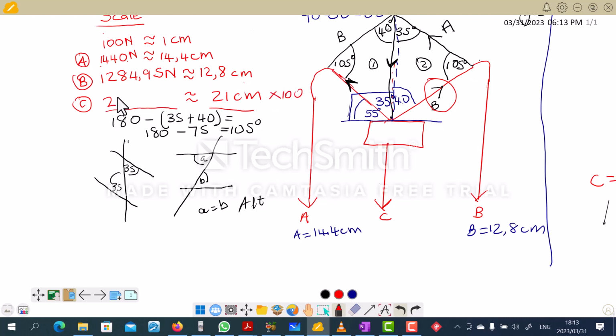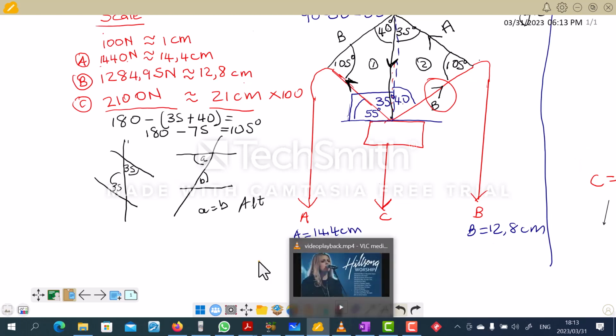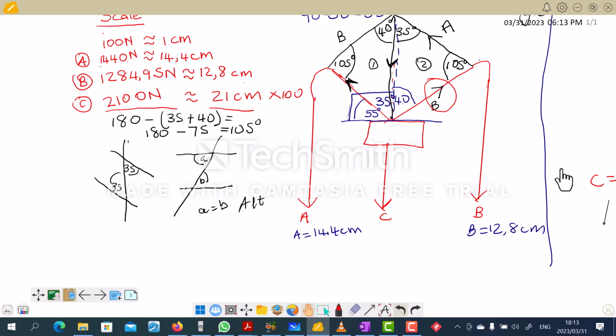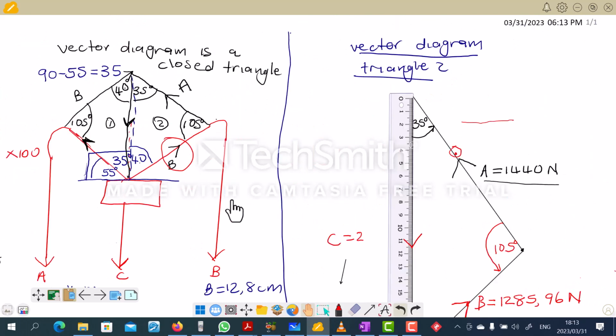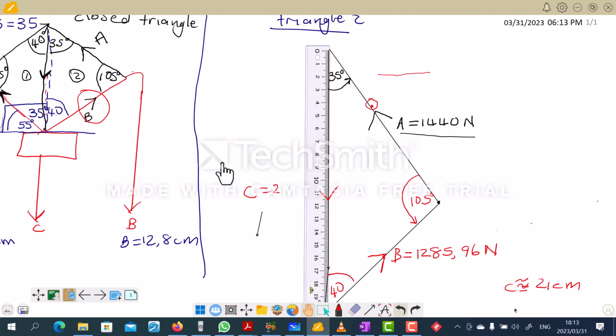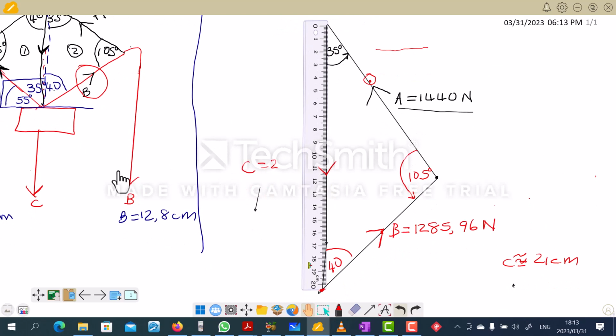So you're going to have 2100 newtons. Then we label that vector as 2100 newtons. Let's label the vector 2100 newtons, and then let's remove this one.